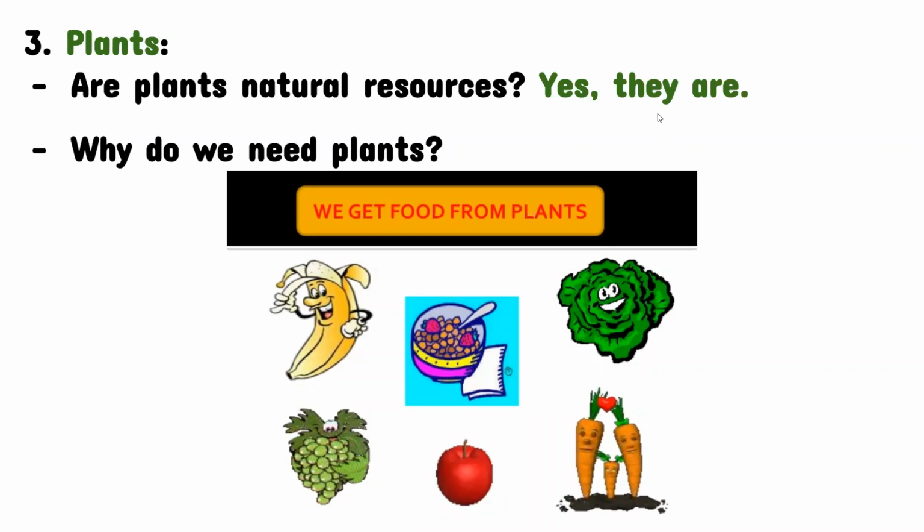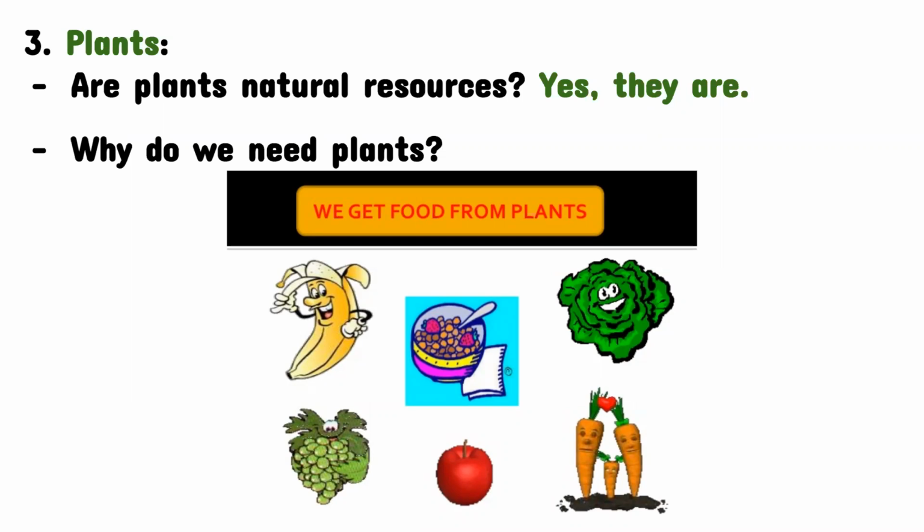The third natural resource is our plants. So as you can see here, we have plants, and we have to ask ourselves again, are plants natural resources? Yes, they are. Why do we need plants?